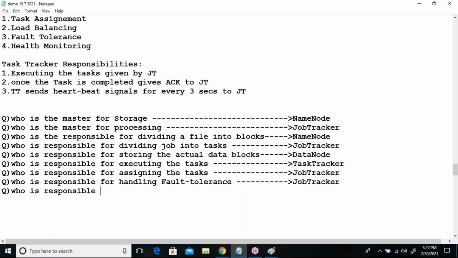Who is responsible in the absence of the name node? Secondary name node. Yesterday I discussed the secondary name node and how it is different from the name node.